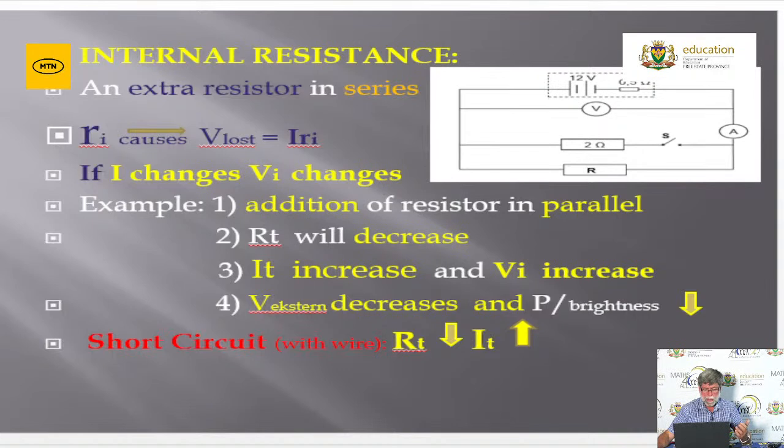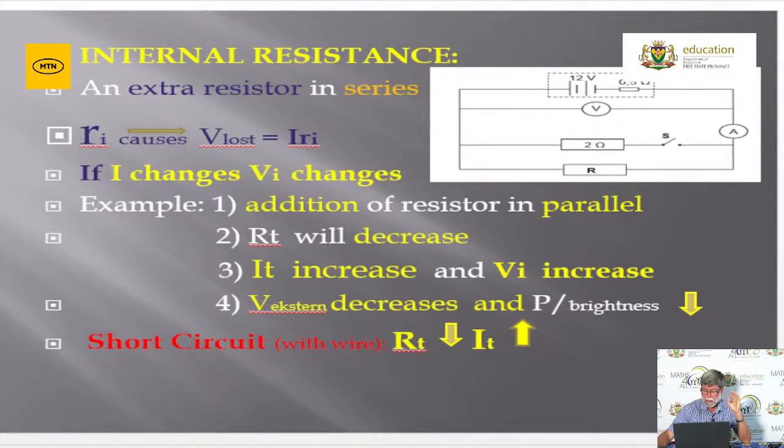So normally, in such a question, if they tell you they add a resistor in parallel, the way you answer it, immediately you relate to what will happen to the total resistance in the circuit. And in this instance, it will decrease. Then you must relate to the total current in the circuit. And that will increase. If total resistance decreases, total current increases. And then also, very important, you relate it to V lost.